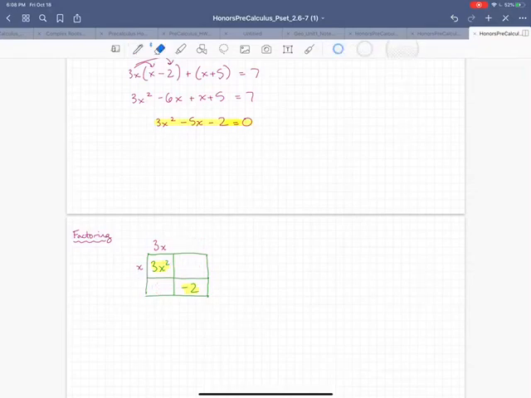So there aren't that many possibilities to try here, so let's just try something and then adjust if needed. So here, negative 2 and 1 multiply to negative 2, but then negative 2x and 3x do not add to negative 5x. So what we can do is switch these.